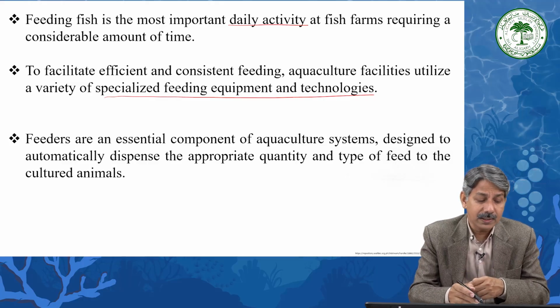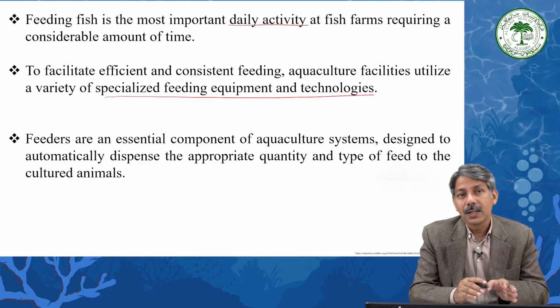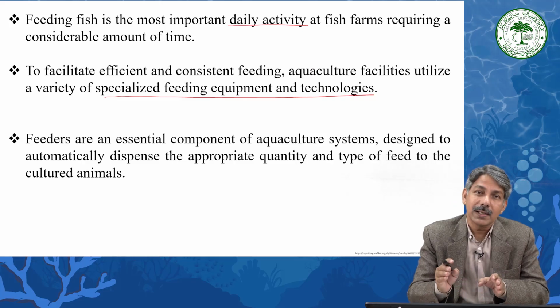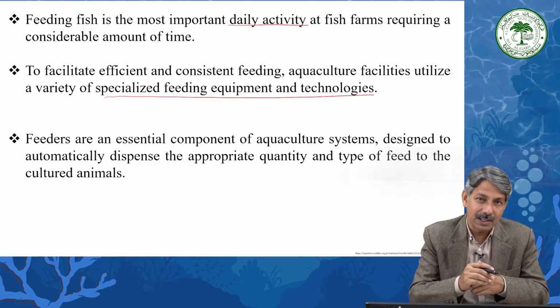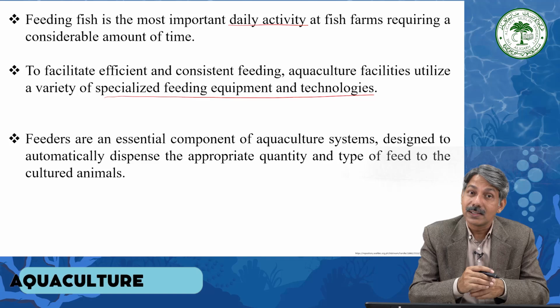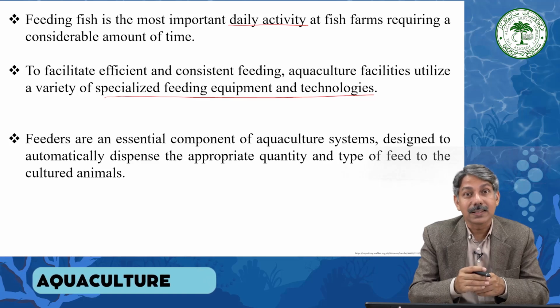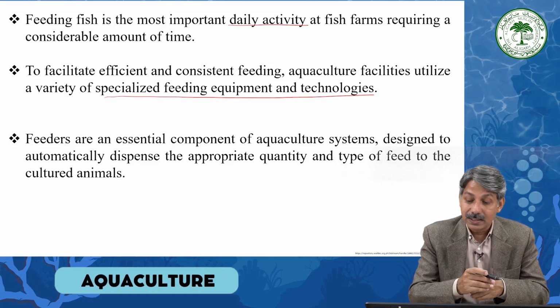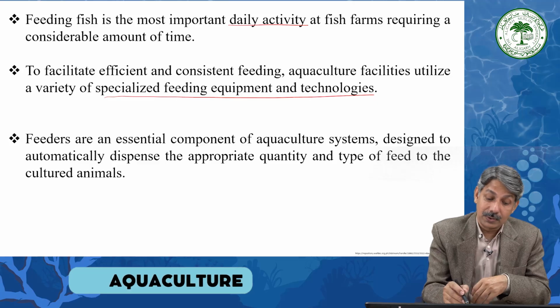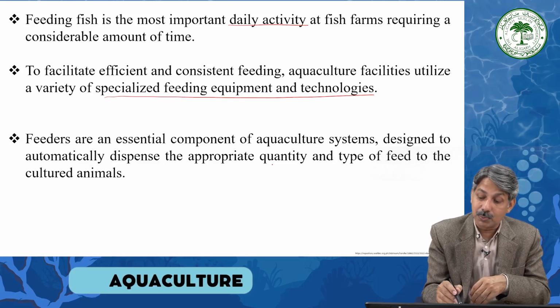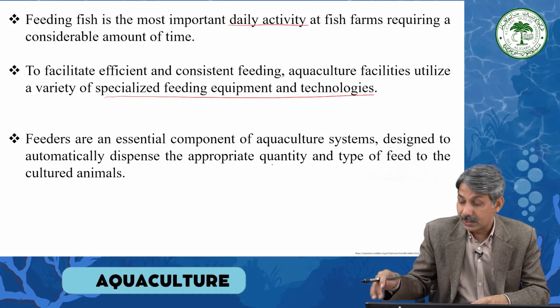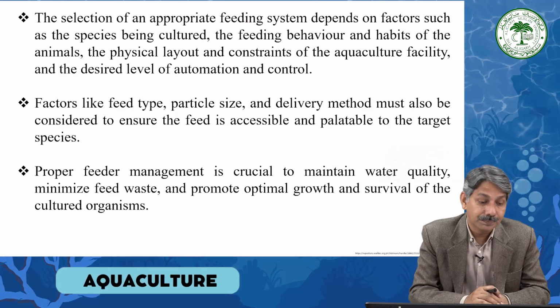So when you have small farms, feeding by using labor or manpower is relatively easy, and that is economical also. But if your aquaculture system is at commercial scale, then you need to have special feeders, which automatically dispense the appropriate quantity of feed to the fish in the pond.